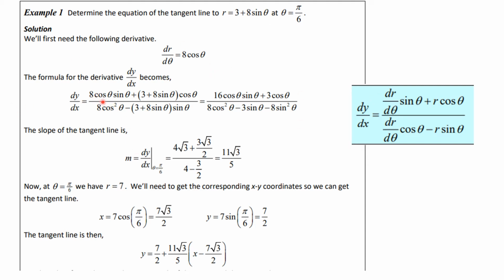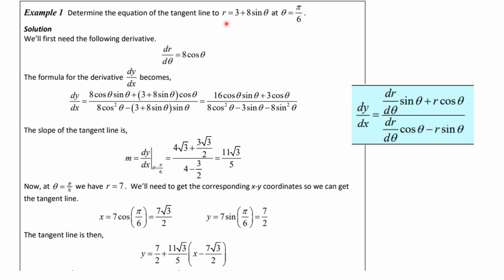So I put 8 cosine theta times sine theta plus r, which is this, times cosine theta. That's my numerator. My denominator is dr d theta, which is 8 cosine theta, times cosine theta yet again. So that is 8 cosine squared theta minus r, times sine theta.